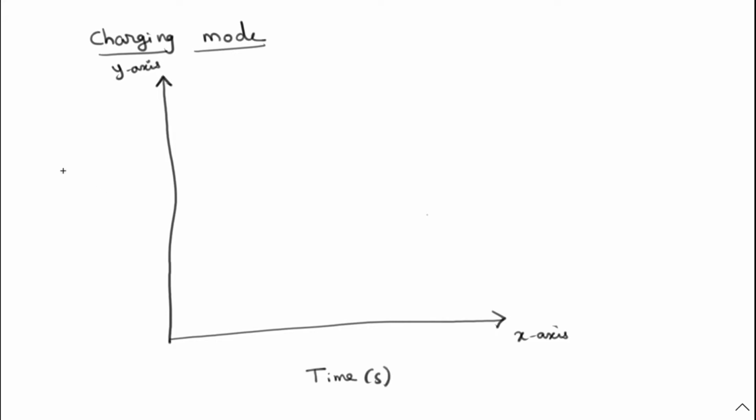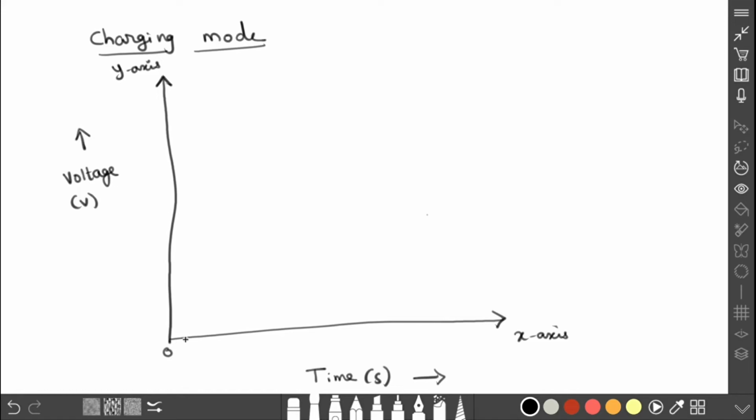Here is voltage, and its unit is volt. This you have to write first. Here 0, then 20, 40, 60, 80, 100, 120, and keep going. We have taken the values up to 360.